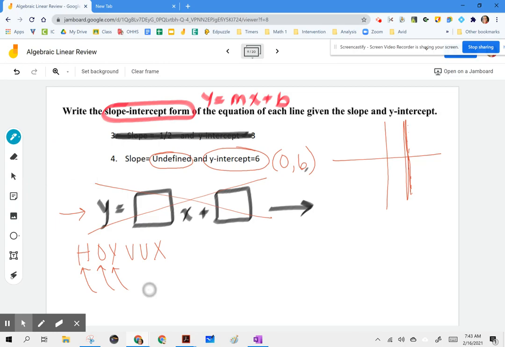If it is a vertical line, the slope is undefined and it's x equals the x-coordinate. Well, we knew our slope was undefined, which means that we have a vertical line, which means that the equation is going to be x equals the x-coordinate of that point. So that is the equation of my line.